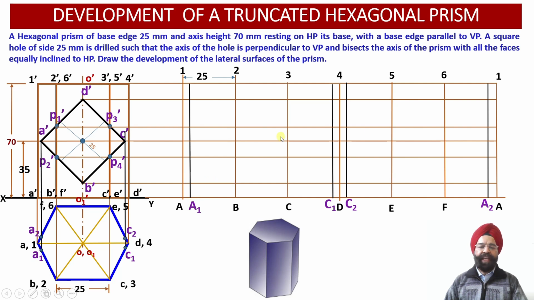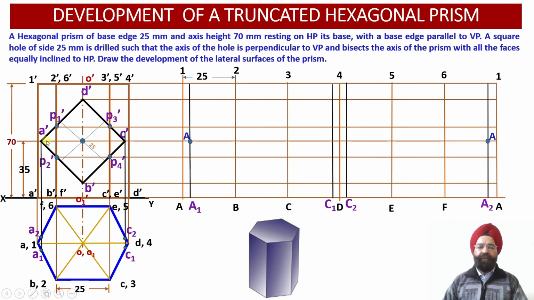A1 means front face, A2 means rear face. If we draw a horizontal projector line from the point A dash, wherever it intersects with the vertical black projector line emerging from the point A1, point A will be located corresponding to the front face location of the point A of the hole over here.